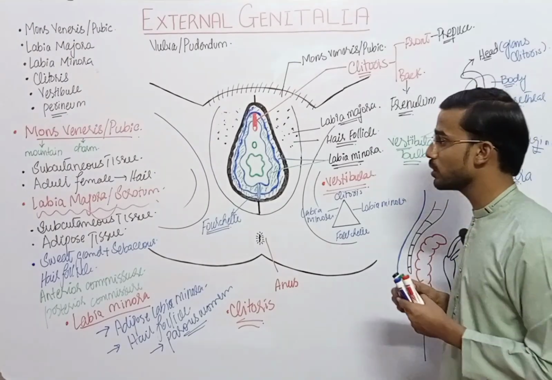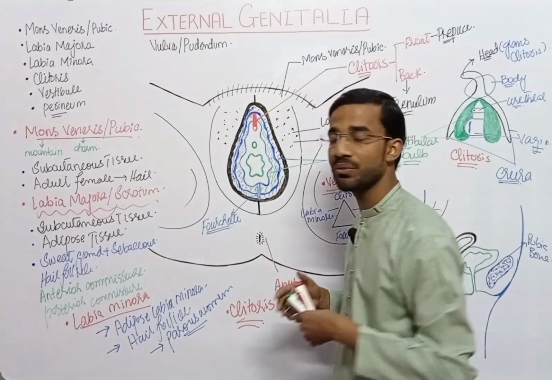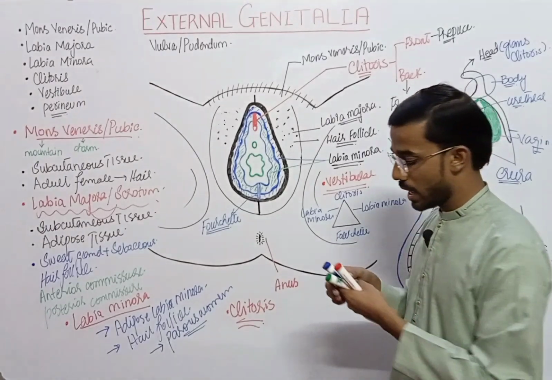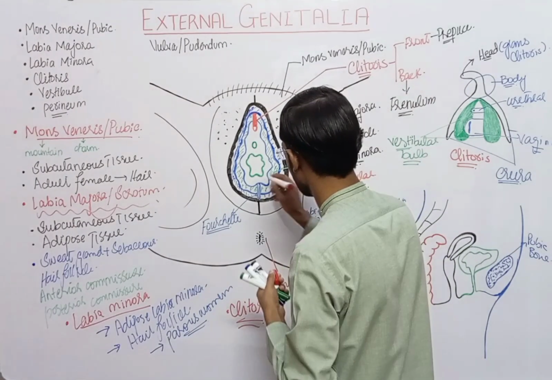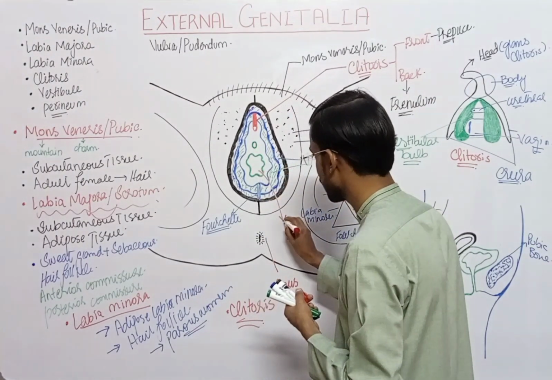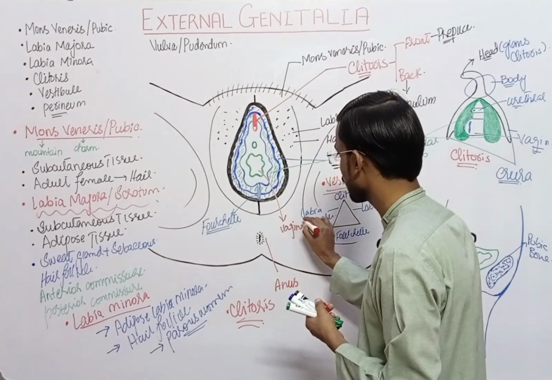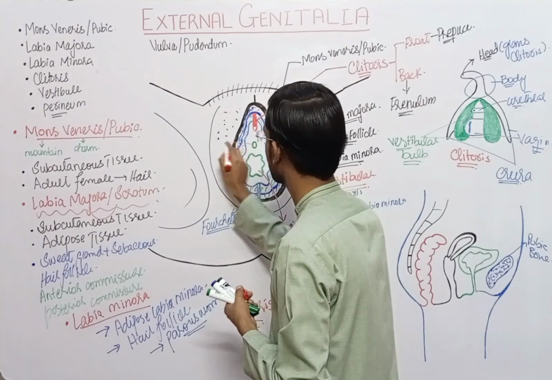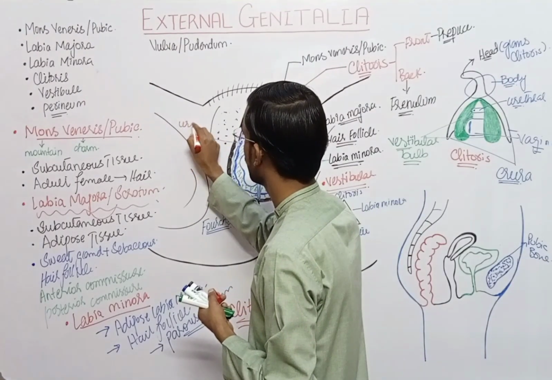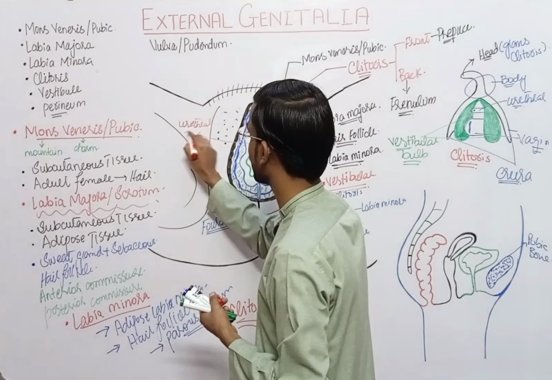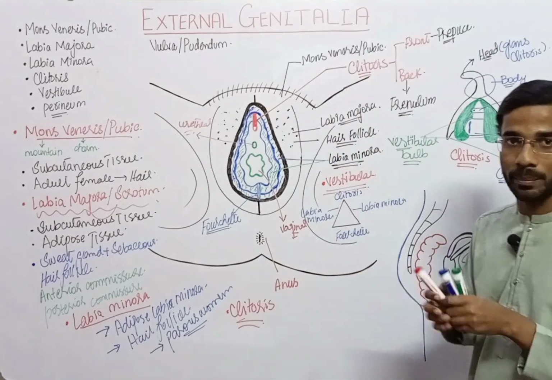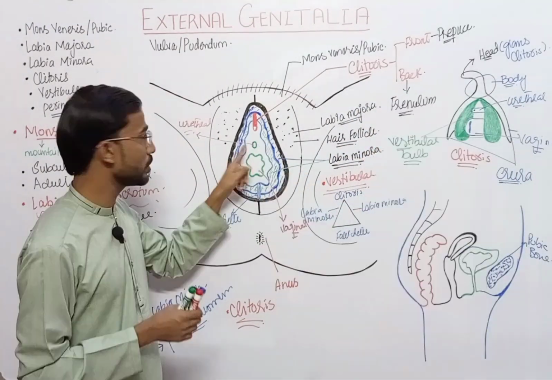In this vestibular region, you will see different openings. First, at the below side is the vaginal opening, and this is the urethral opening. So these are the two openings, vaginal and urethral.